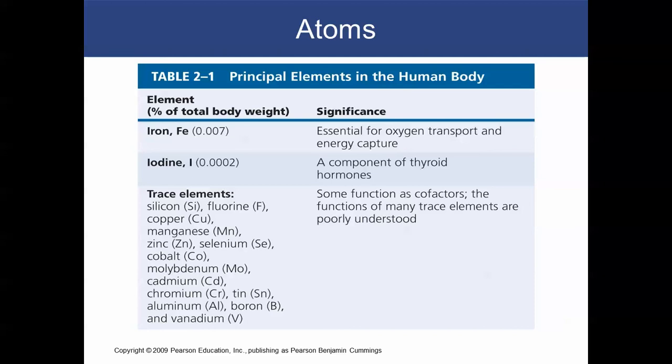If you don't have enough iron, you might be anemic, maybe a little bit dizzy. Iodine is important for your thyroid gland. And other elements include fluorine, which is for teeth, copper, manganese, zinc, lots of trace elements.